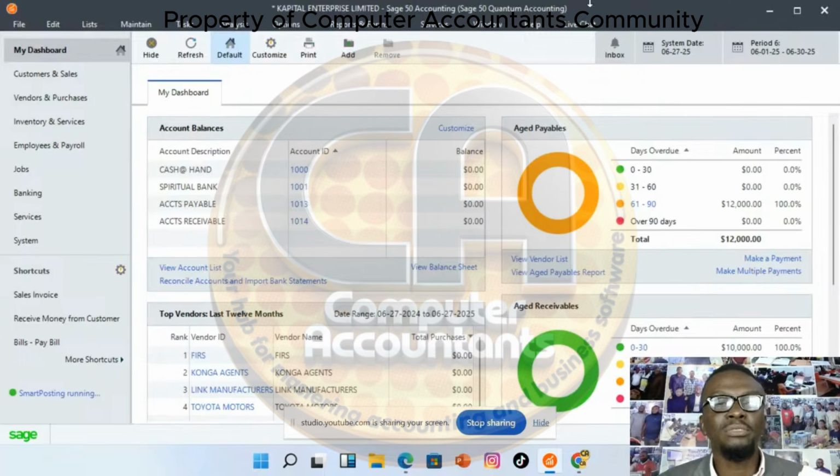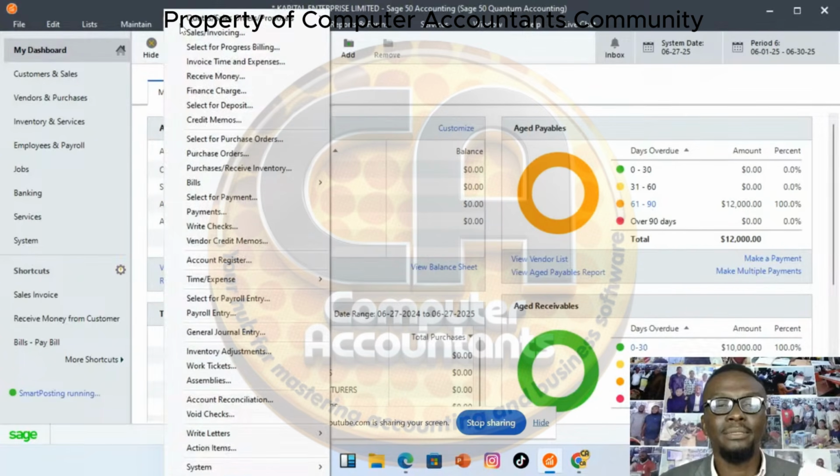So you click on tax and select purchases/receive inventory.